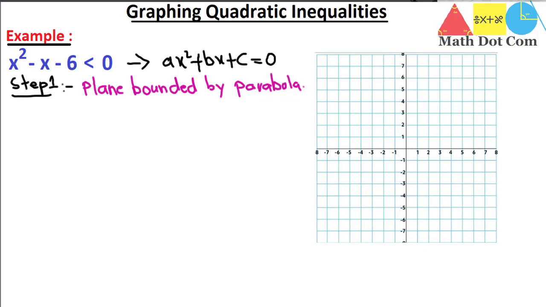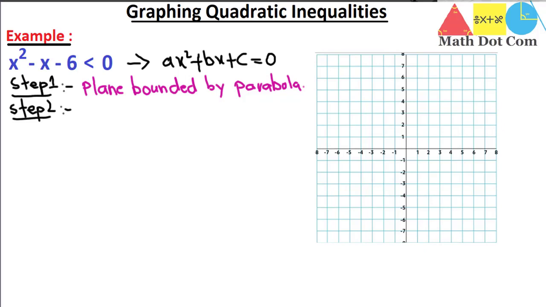The next step, step number 2, is how that parabola is going to look. For that purpose you have to notice something in the given inequality: whether we have the square on the x or the square on the y. If we have x square, the parabola will be in the upward or downward direction.